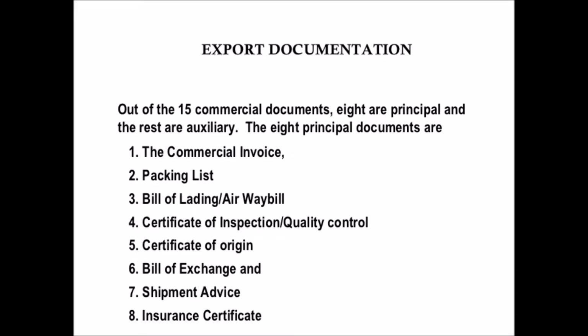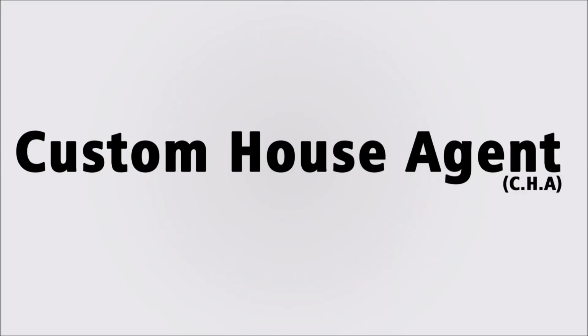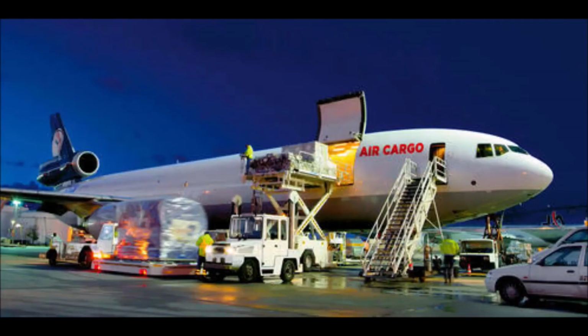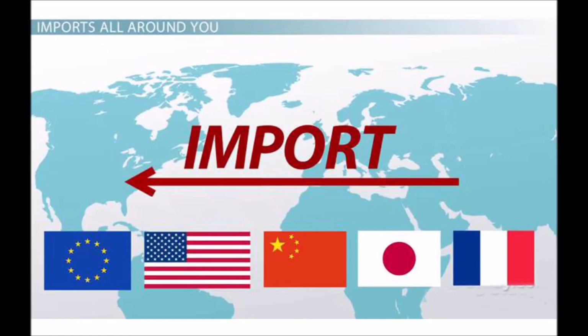Submit all required export documents such as invoice, packing list, COA and MSDS, etc. to the CHA for each shipment. Send products for customs clearance through the CHA. After getting clearance, the material will be shipped.